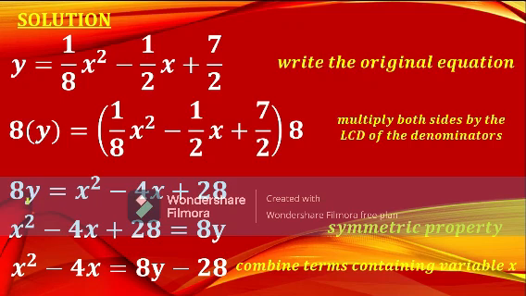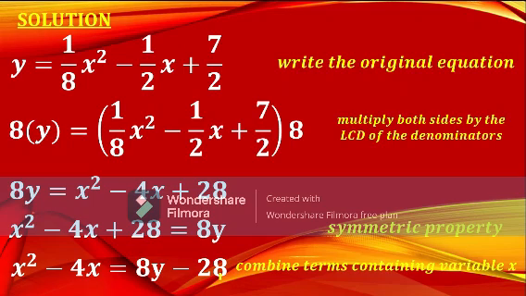If all the terms at the left and the right, we just simply swap or interchange. Then afterwards, all x variables will be placed on the left side, and all the y variable together with the constant will be on the right side. So we have here x squared minus 4x is equal to 8y minus 28.